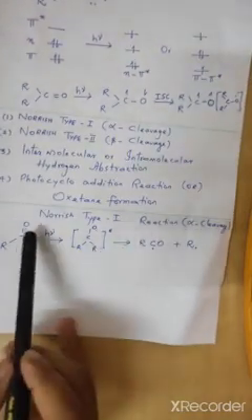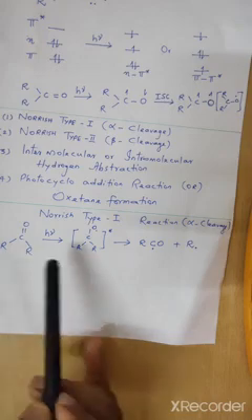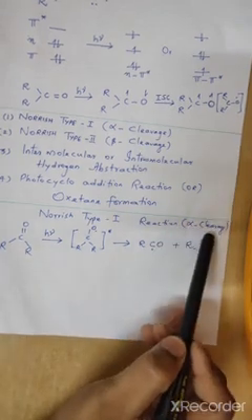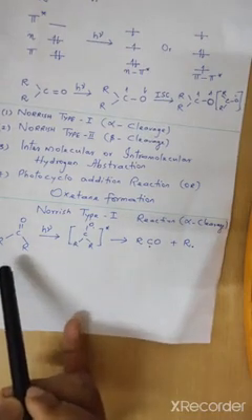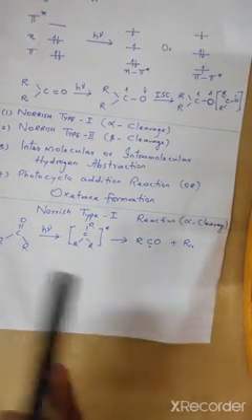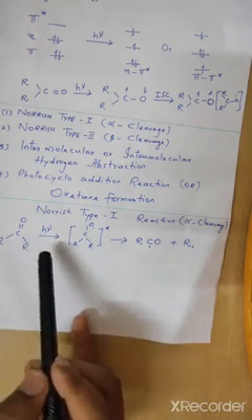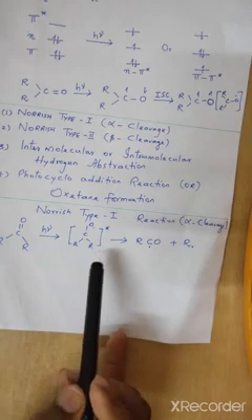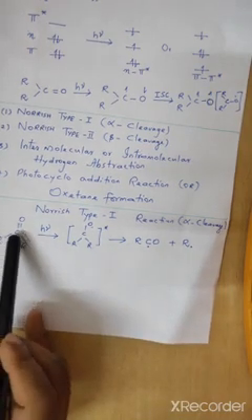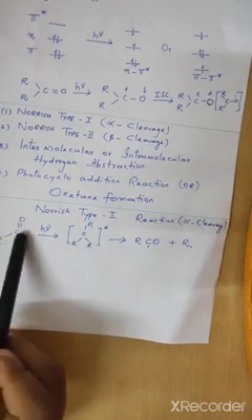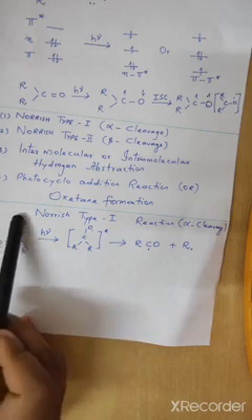Now, the Norrish type 1 reaction. In this video, you will understand the Norrish type 1 reaction, also called alpha cleavage, because in this reaction there is homolytic cleavage at the alpha carbon atom, when the alpha bond becomes weak. The alpha bond is the bond of the carbon atom attached to the carbonyl.